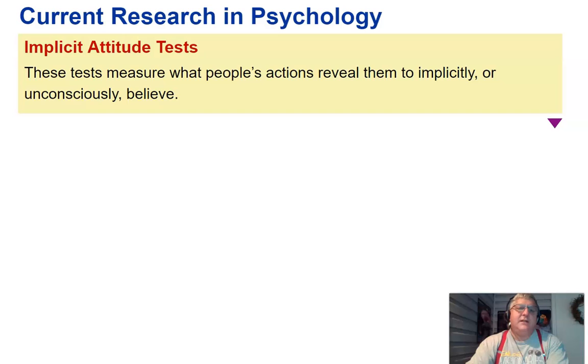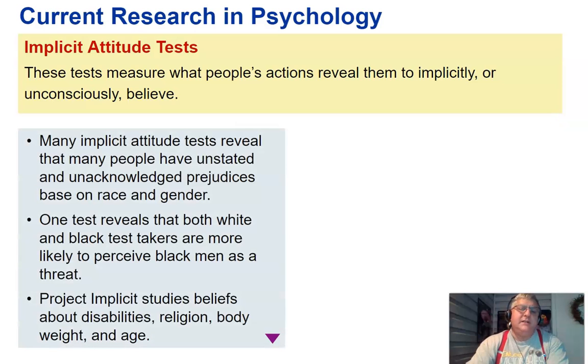Implicit attitude tests. These tests measure what people's actions reveal they implicitly or unconsciously believe. Many implicit attitude tests reveal that many people have unstated and unacknowledged prejudices based on race and gender. One test reveals that both white and black test takers are more likely to perceive black men as a threat.